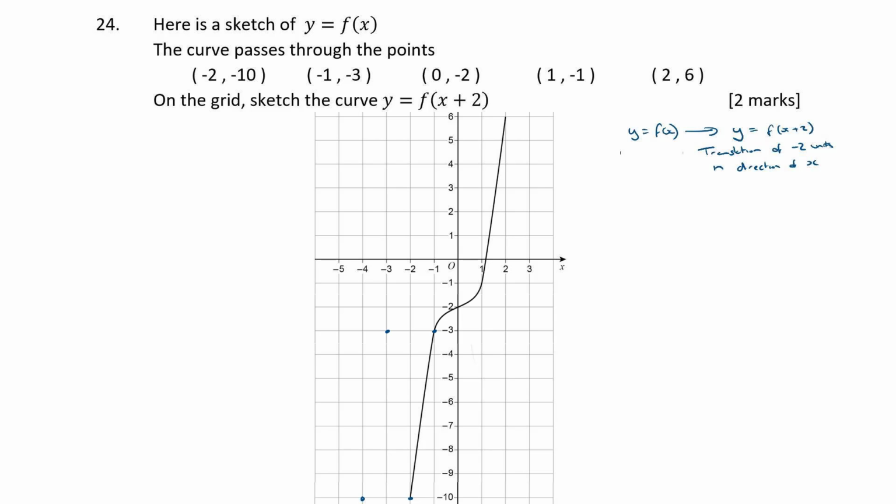It's going to move to there. The next point is at 0, minus 2. That's going to move 2 points to the left there. The next point is 1, minus 1. It's going to move to there. And then I've got the one at the top, and that's going to move to there. Now I've got all my points. I'm going to join them up with a smooth curve, which should look fairly similar to the one I've been given.